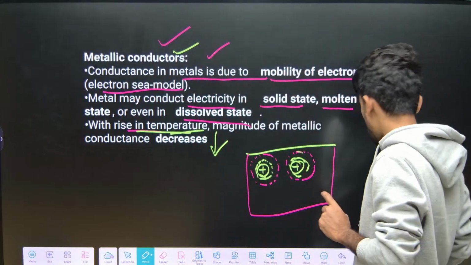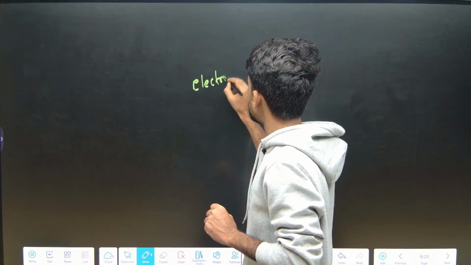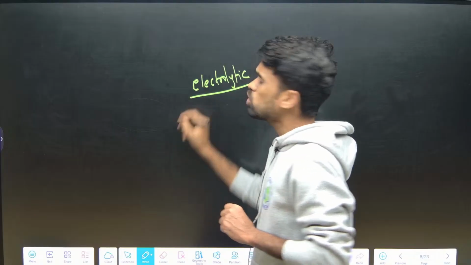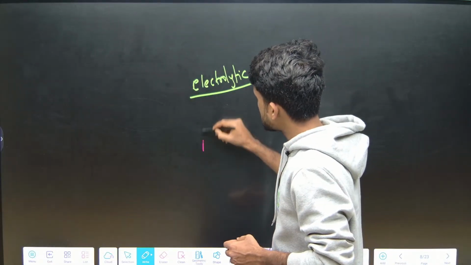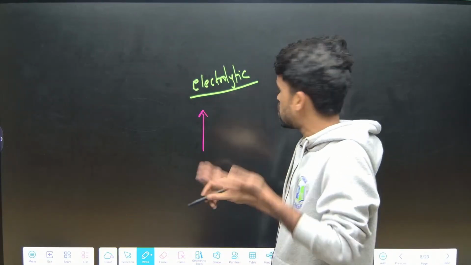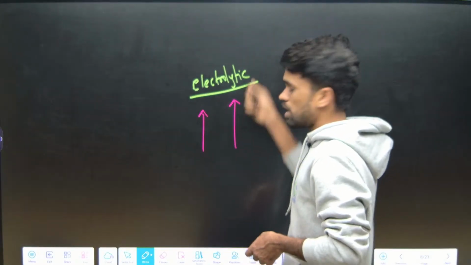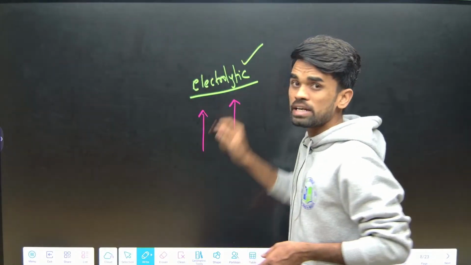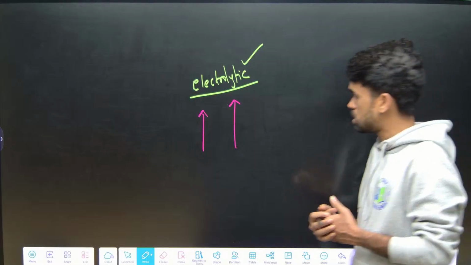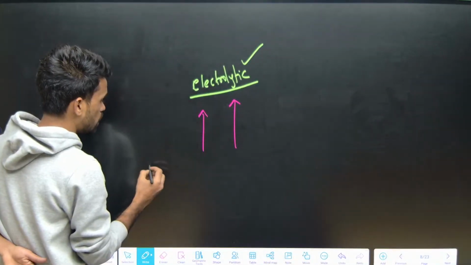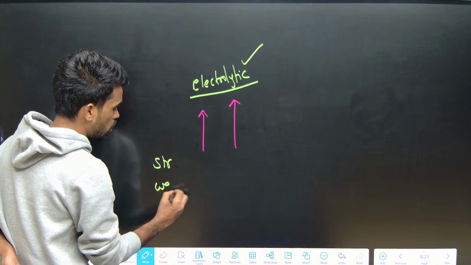And now remember, when it comes to electrolytic conductors, like normal electrolytic solutions, salt solutions, okay. In case of salt solutions, as you increase the temperature, conductivity or conductance also increases. If you increase the temperature, conductance also increases for electrolytic conductors. Why? Because when you heat electrolytic solutions, we know electrolytes are of two types: some are called strong electrolytes and a few are called weak electrolytes.